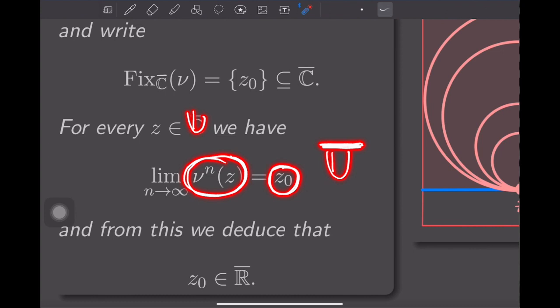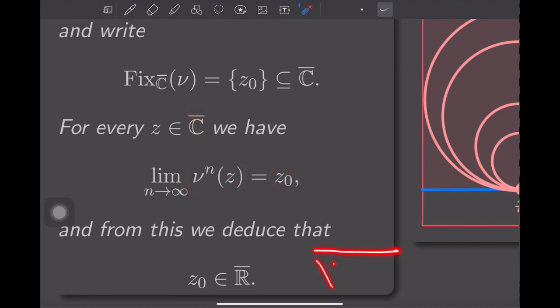But then applying the same argument, but now to things in minus U, so to things in the lower half plane, we see that Z0 cannot be in U, because otherwise there would be things outside U bar, so things here, that would eventually come into U, again contradicting the fact that nu preserves U bijectively. So Z0 has to live in R bar.